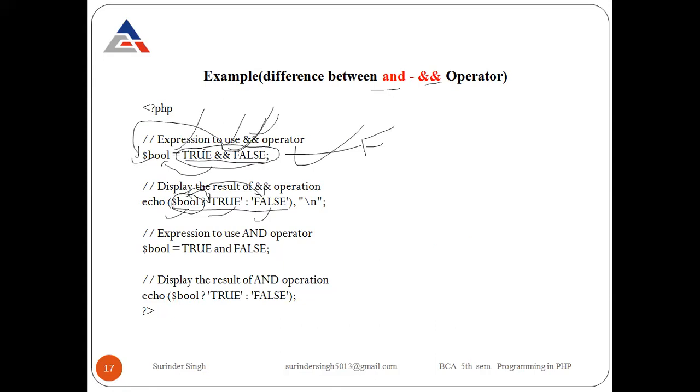Now bool has value false, so expression 1 will be false and expression 3 will be executed. And now with the same example we are using bool = true and false. Now what happened? It returns true. Why?